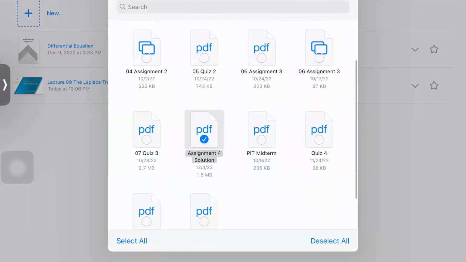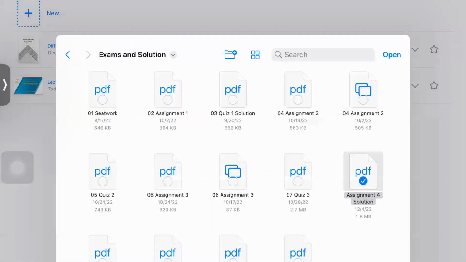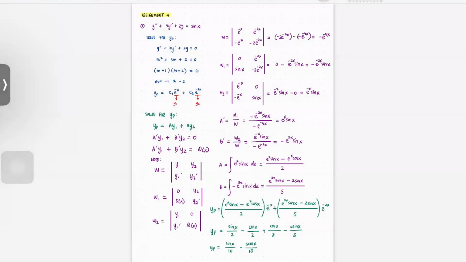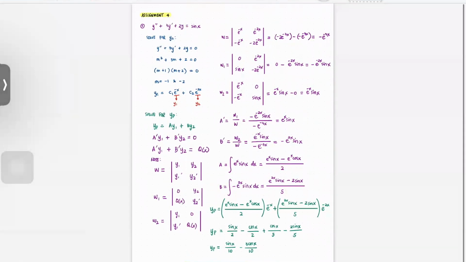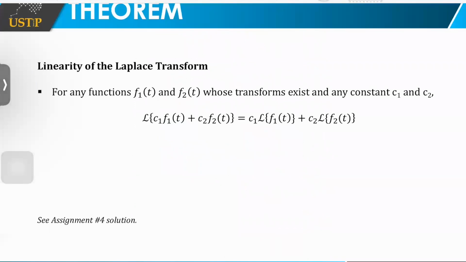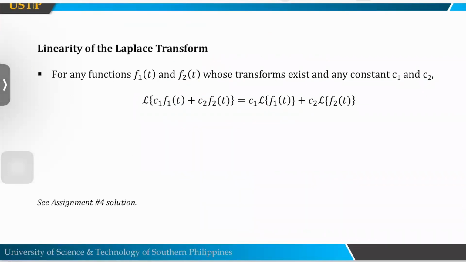Okay. This one. So, all right. Assignment 4. Huh? This is not assignment 4. I think quiz. Please correct. This is quiz 5. I think I meant to say quiz 5.